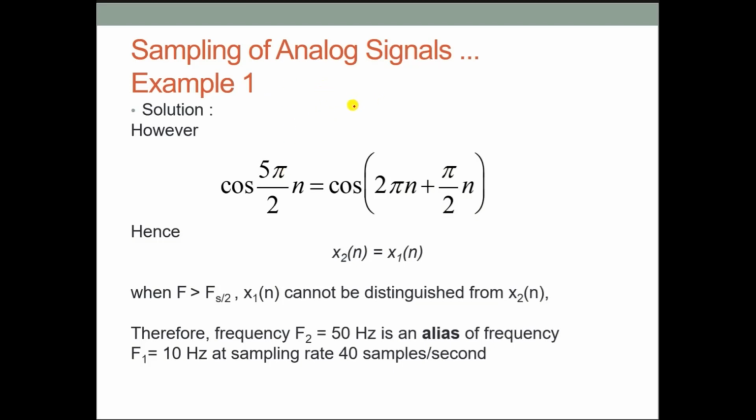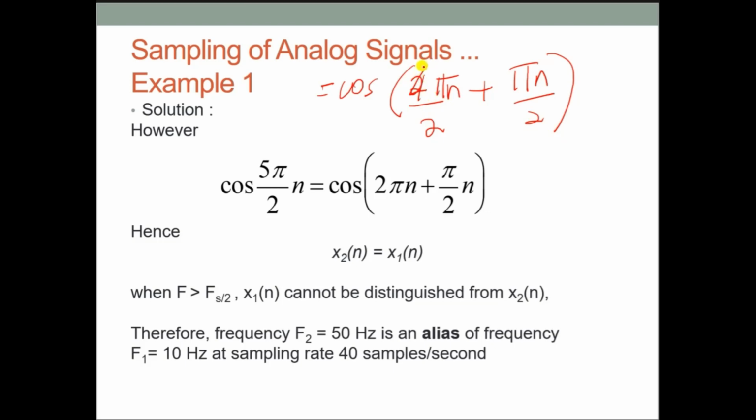Cos 5 pi over 2 n equals cos 4 pi n over 2 plus pi n over 2.